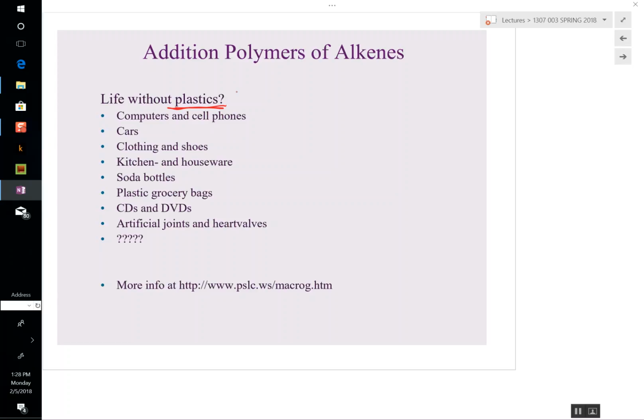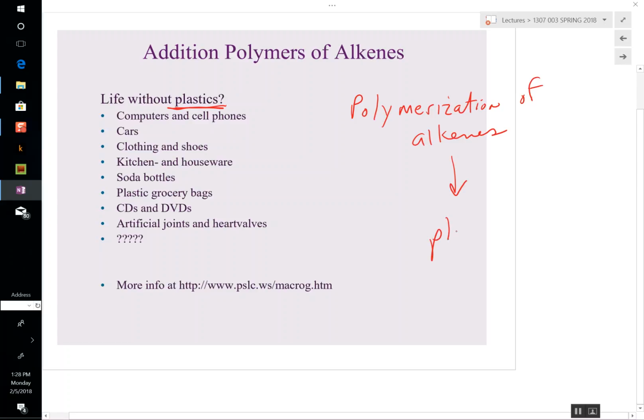So how do we make plastic? The general thing is the polymerization of alkenes. This is a very versatile reaction to produce all different kinds of plastics, depending upon what alkene you are polymerizing.